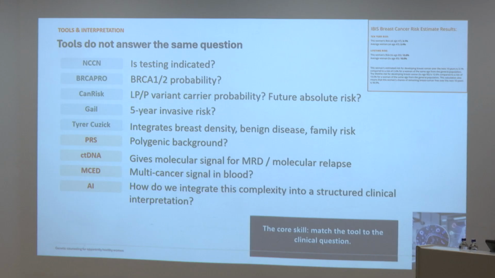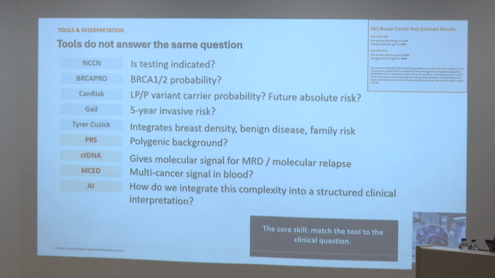For example, the NCCN gives us whether testing is indicated or not. We have some risk modeling options. They are online. I'm sometimes using the Cusick model. There is an example of its output. The models give some probability scores of whether the person will be carrying a BRCA mutation or is a pathogenic variant carrier.